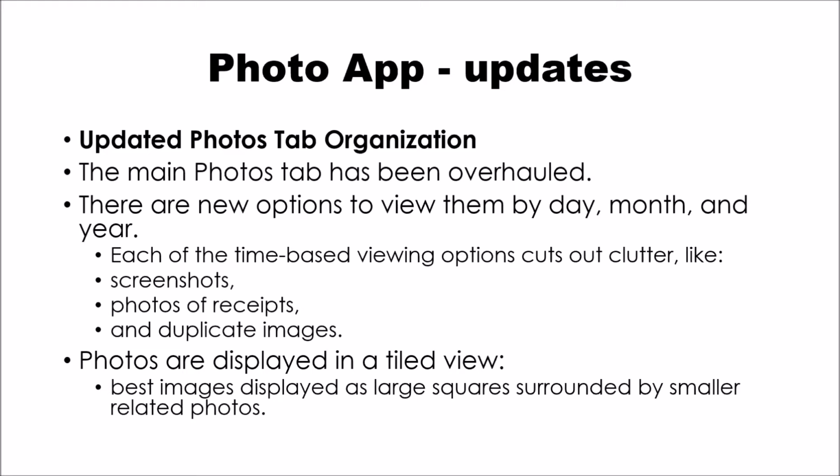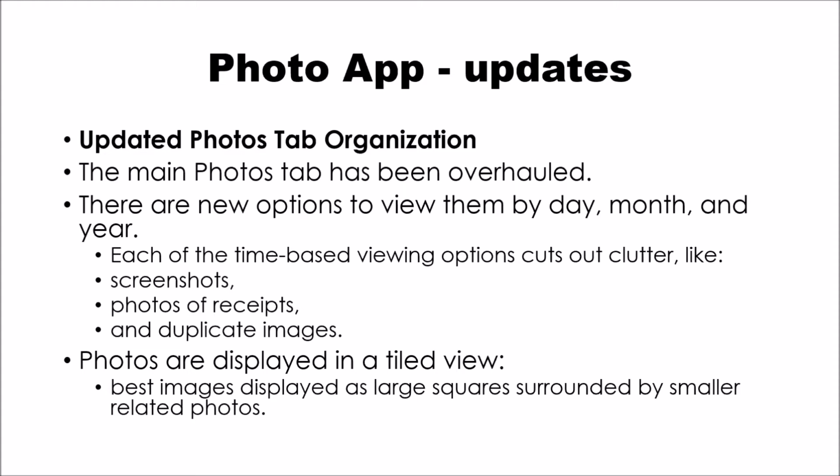You can see your photos displayed in a tile view, and best images are displayed as large squares. And I'm a little bit confused about how the software picks the best images, but that's what Apple put out as tiled view, best images.